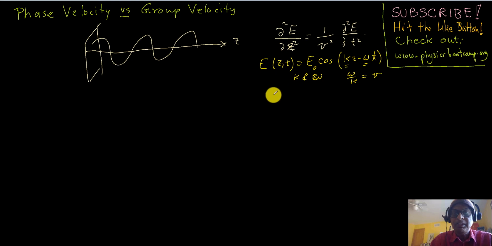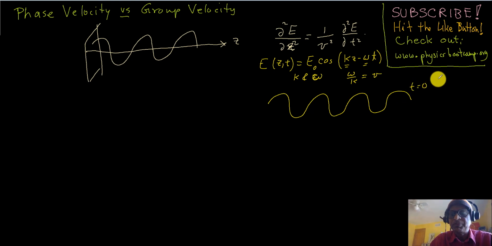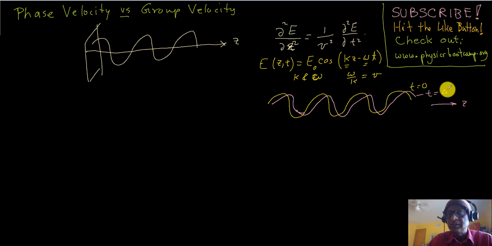So when you plot this, say you plot this at t equal to 0, and this is the z direction, and then just a little bit later time, the wave will have moved. So this is at t equals delta t.